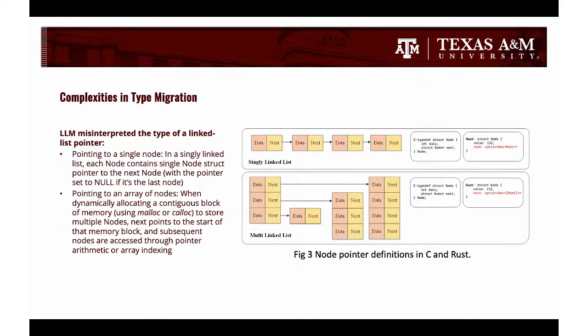For a singly linked list and a multi-linked list, the C struct node is exactly the same at the declaration stage. But for Rust, the pointer next needs to tell whether it is pointing to an array or a single node. If not, this creates a type mismatch problem in the future. And the correct translation is so close to the wrong one that prompting the LLM to fix this problem is not going to work either.